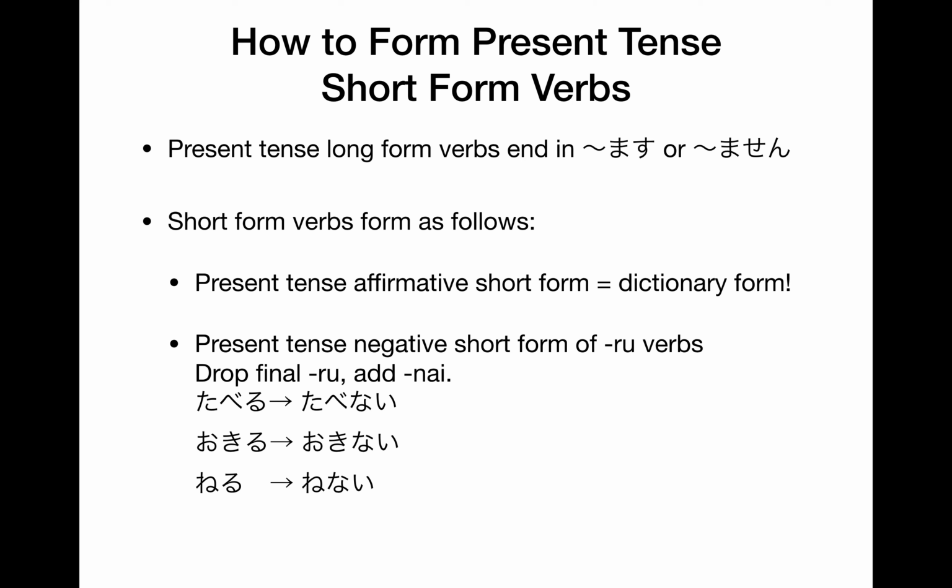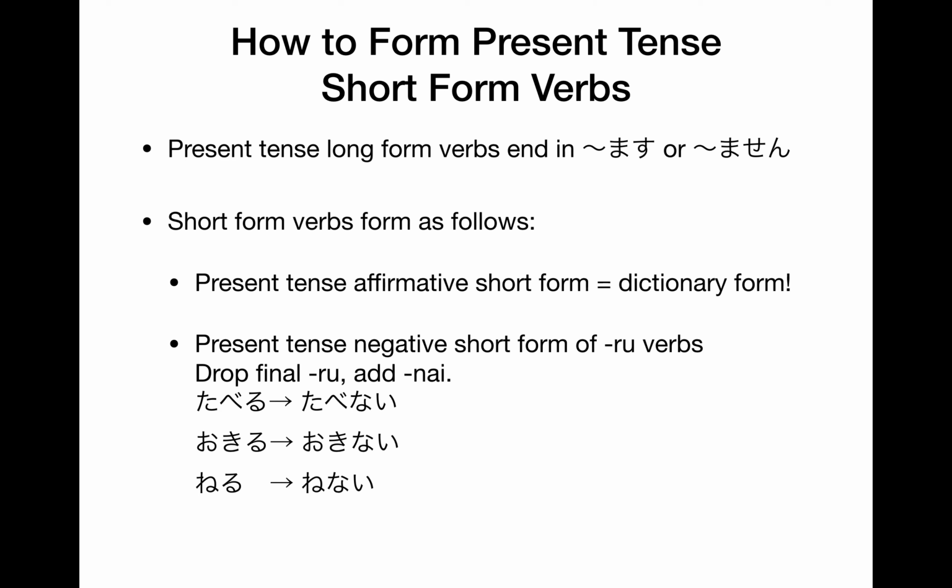So the present tense affirmative short form is the same as the dictionary form, and this holds true for ru-verbs, u-verbs, and irregular verbs. So really what you need to learn is how to form the negative present tense of the three different categories of verbs that you know.